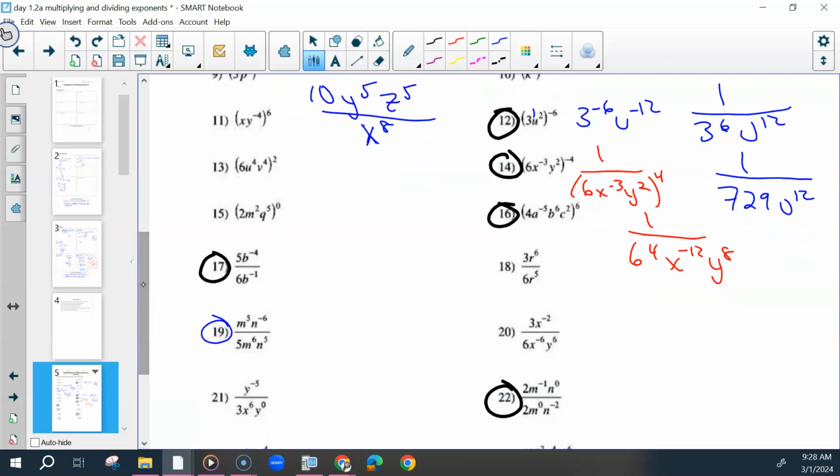Then, because I have a negative exponent in the denominator, that's going to move up. And someone tell me what 6 to the 4th is. 1,296. So x to the 12th over 1,296, y to the 8th would be that final answer.